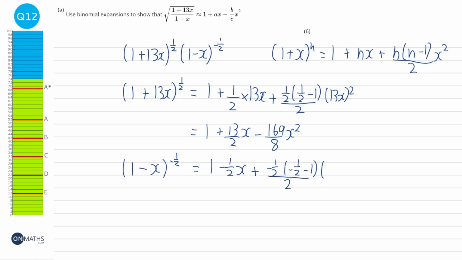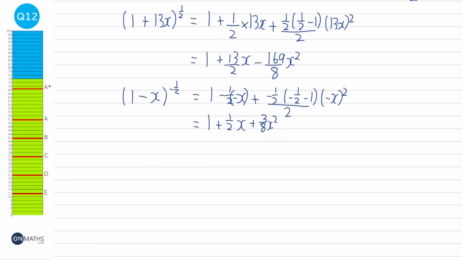And it will be minus x squared. Whoops, should be a minus x here because obviously this is a minus x. So minus a half times minus x is plus a half x. And then we've got all of this stuff here. So this will get rid of the negative there, and that will be 3 over 8. So it'll be plus 3 over 8 x squared.